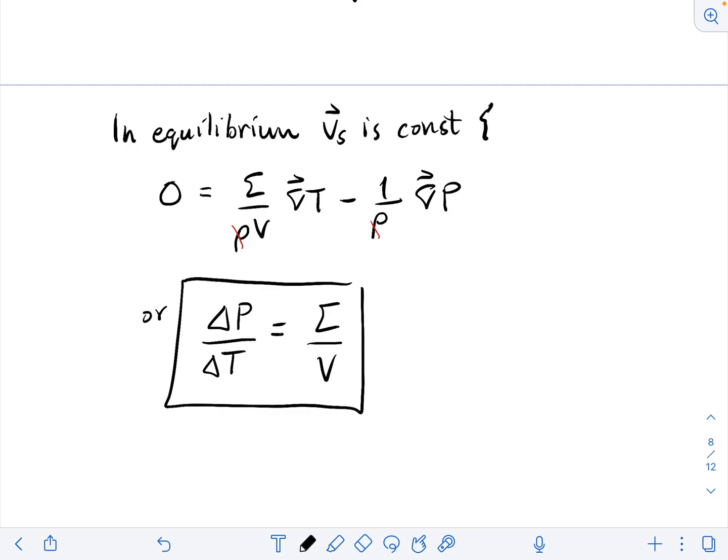So remember, the superfluid has no entropy, and so the entropy is due to the normal fluid fraction. This is known as the London equation.